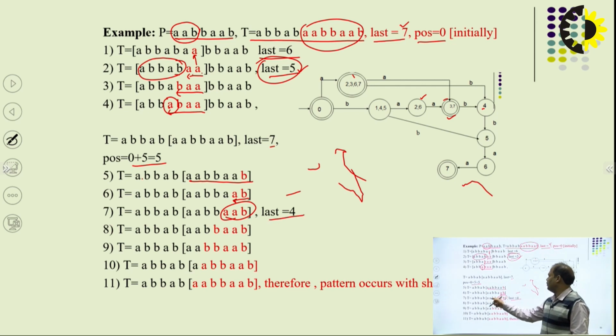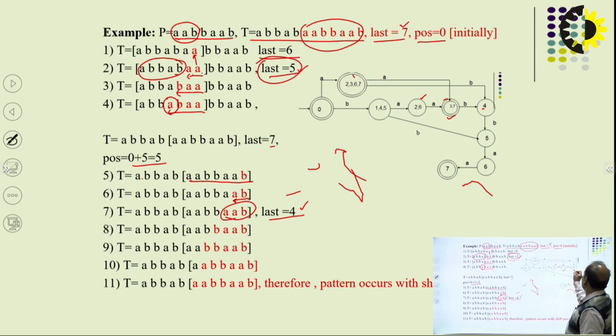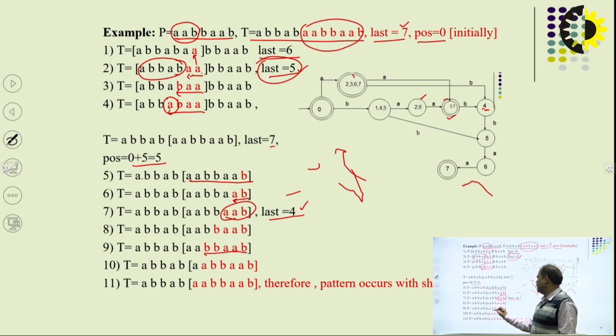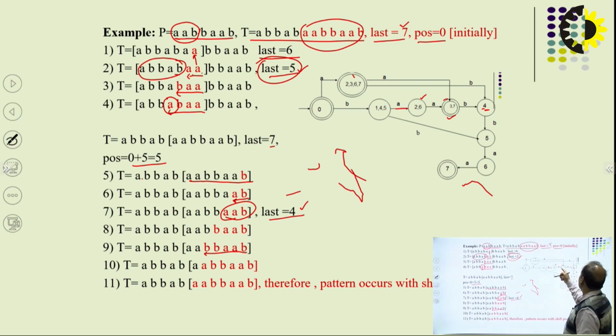Last is 7 minus 3 is 4, definitely. Total length of the window is 7. So it's 7 minus 3 is 4. So last is 4. Then again go back, BAAB, you are reaching here, not final, no problem. Then again BAABB, not final, yes.